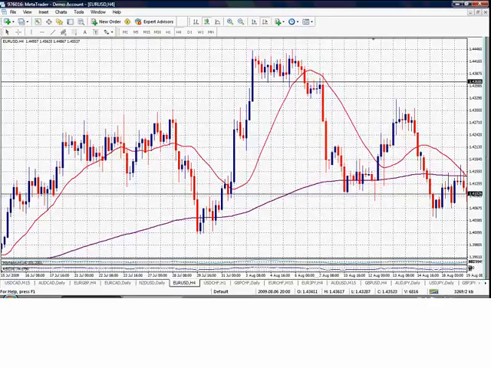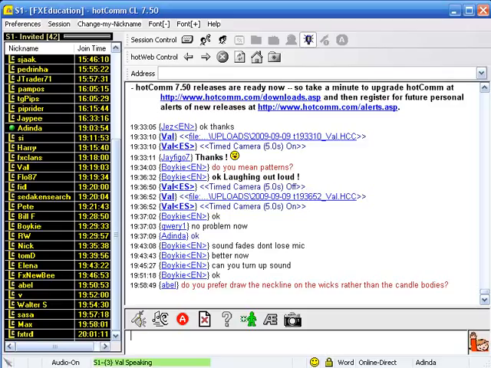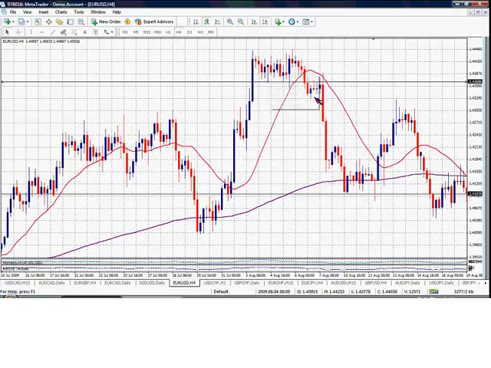So, yes, Abel, I know there are different people with different concepts about drawing necklines or trend lines. I tend to draw everything on the candle wicks rather than the candle bodies. I don't take care of where the price candle closes or opens.